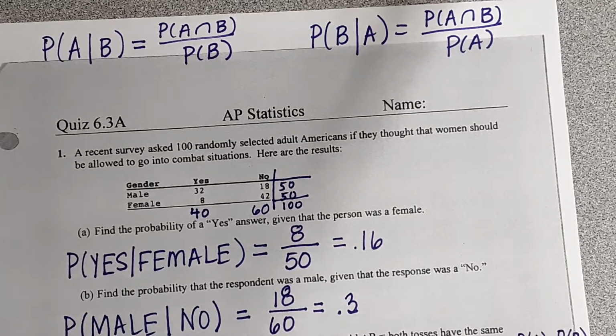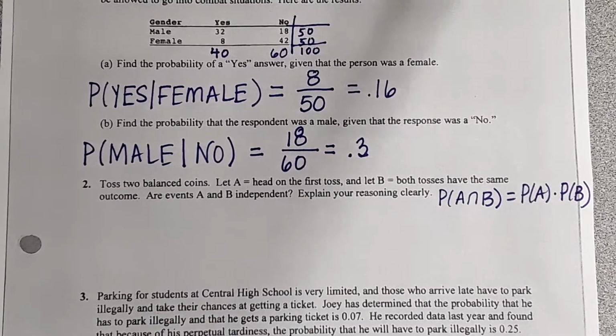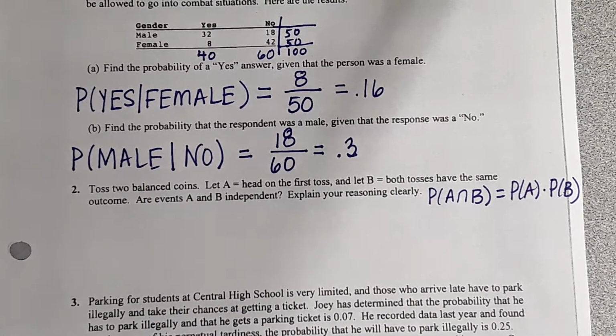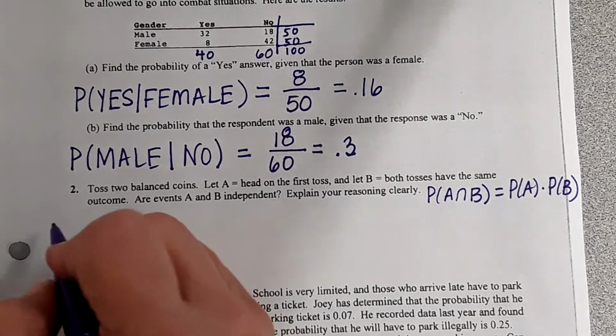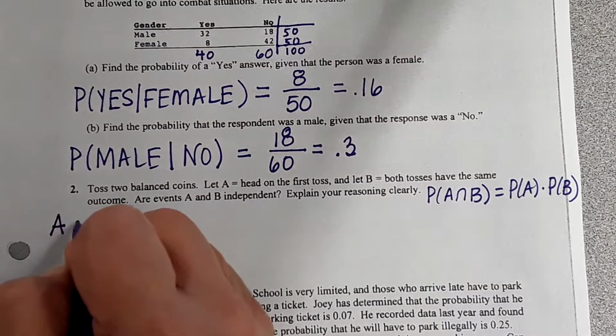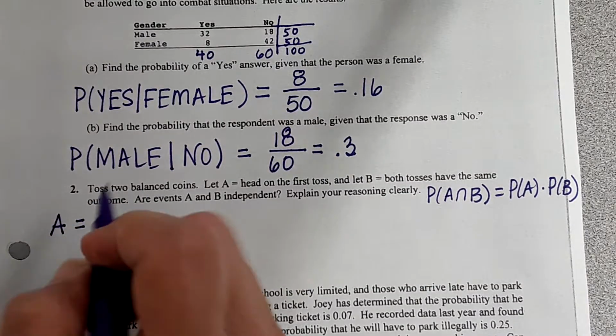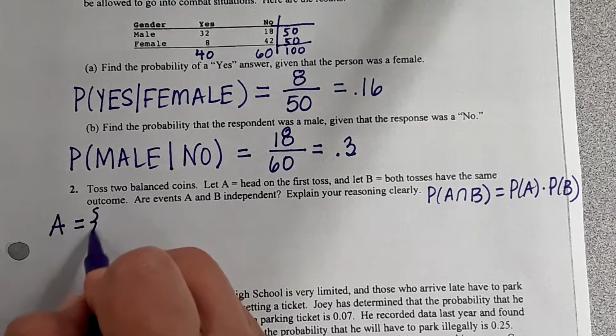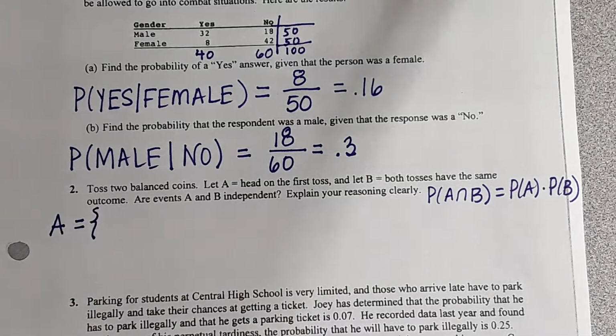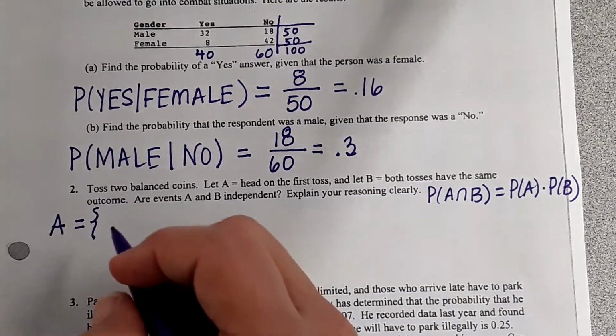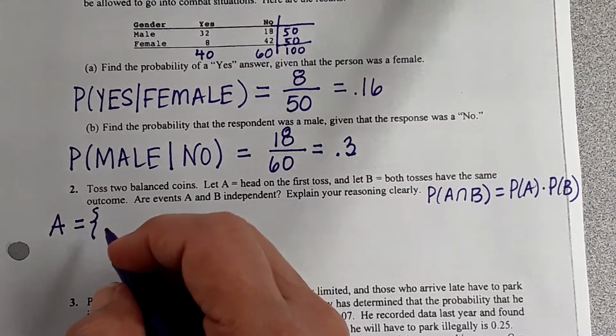Do you remember that? And you guys can't see that. There you go. Okay, so let's think about event A. What is the sample space of event A? You get a head on the first toss. So what would your outcomes be? You flip 2 coins. What would your outcomes be, Amy?